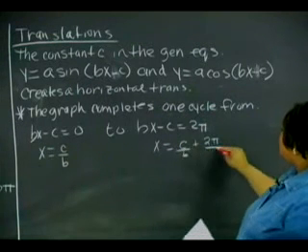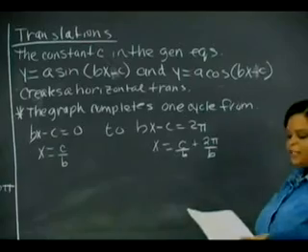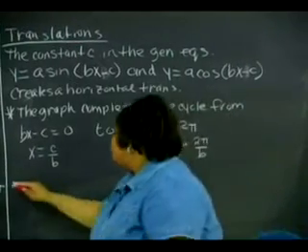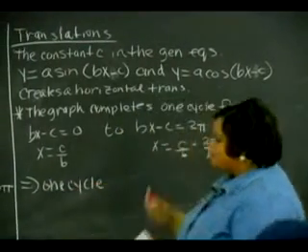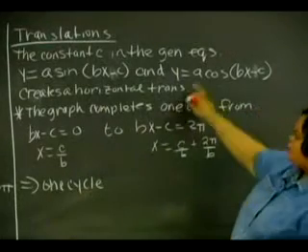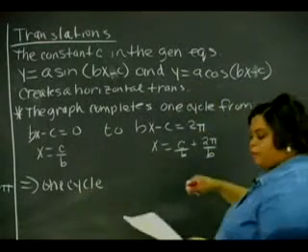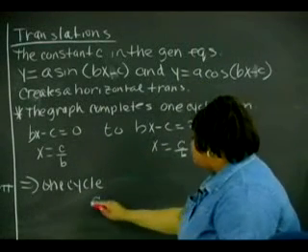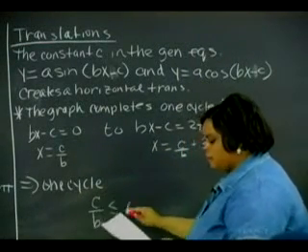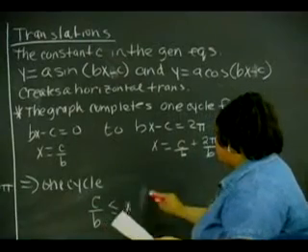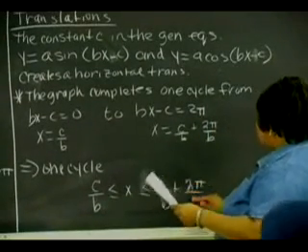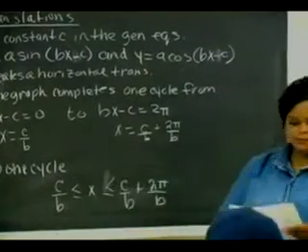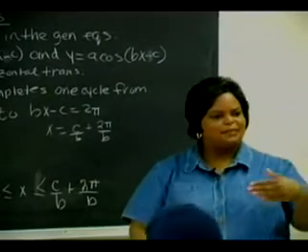all over b, right? Which leads me to believe that one cycle of this sine or cosine function in this form, x will range from c over b to c over b plus 2 pi over b. Okay? So this tells me my cycle.